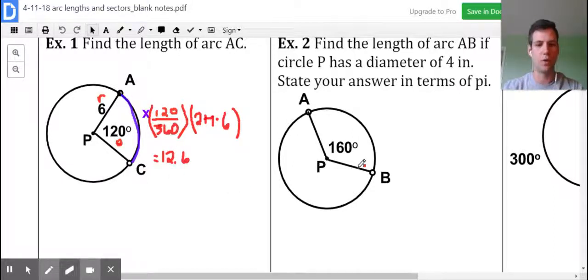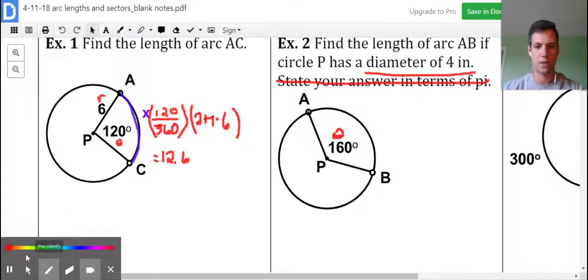Moving on to the problem to the right, we're going to ignore stating the answer in terms of pi for now, but we have an angle of 160 degrees and a diameter of 4 inches. That means we could take half of that diameter and make the radius length equal to 2 inches.